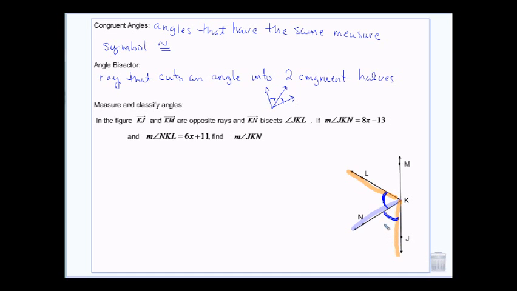They have the same measure. If JKN is 8x minus 13, and NKL is 6x plus 11, I want to find how much that is in degrees.